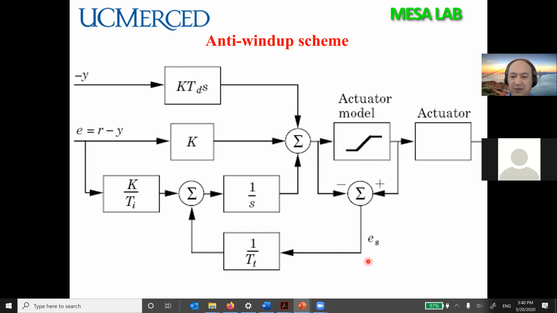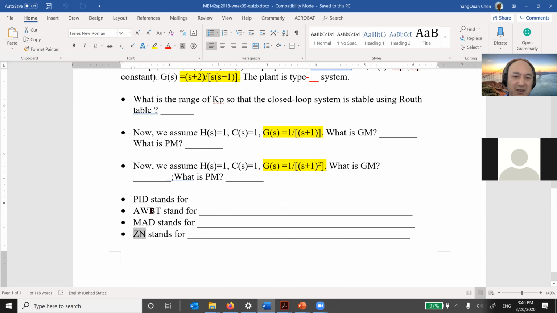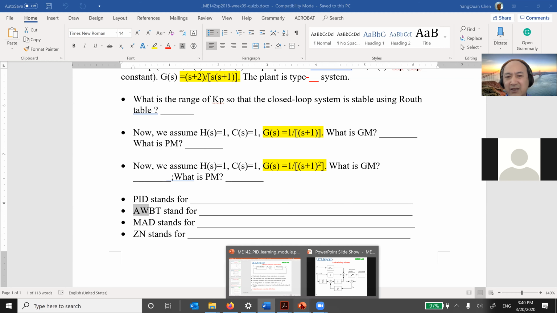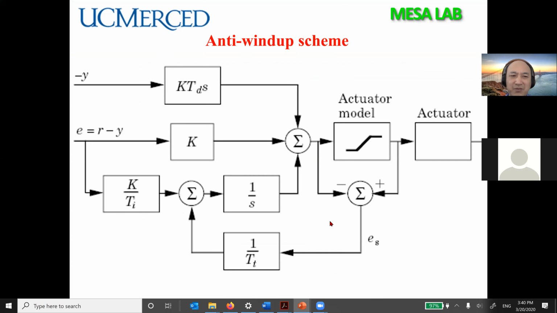Now we come back to this one. AW stands for anti-windup. If you have a system with a saturator and an integrator, you will always need an anti-windup mechanism. Without that, your robot will spin in place for 30 days, for 90 days.